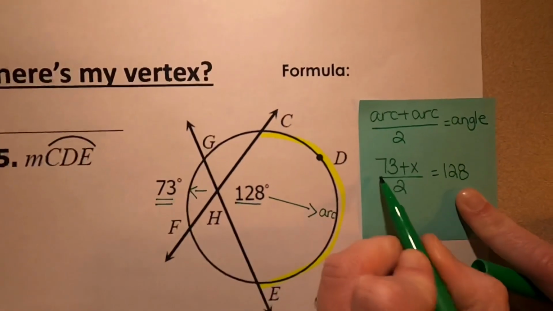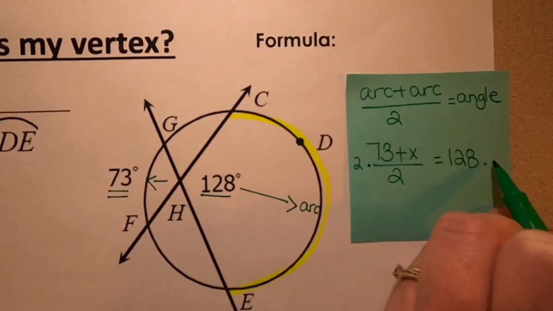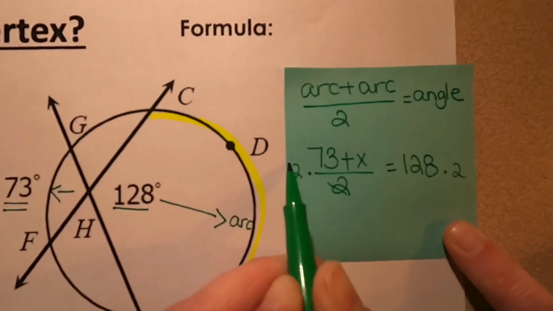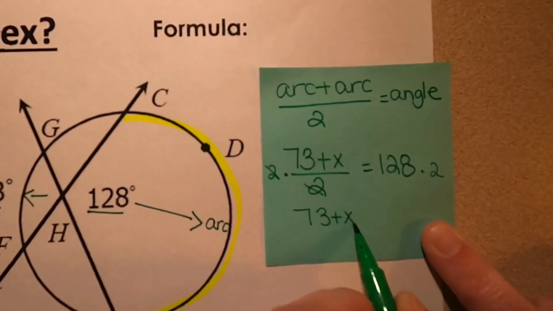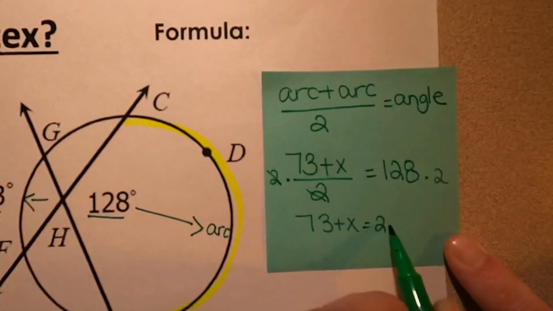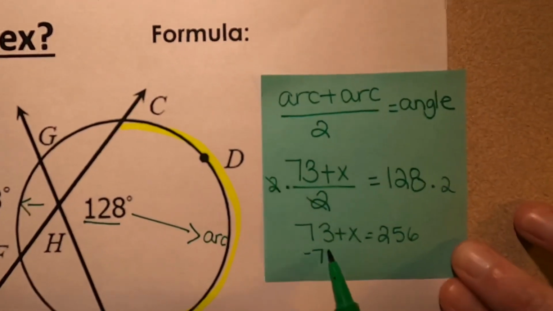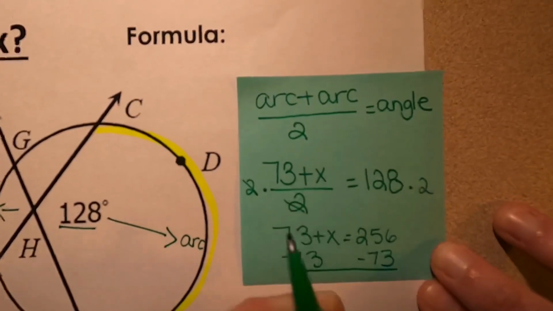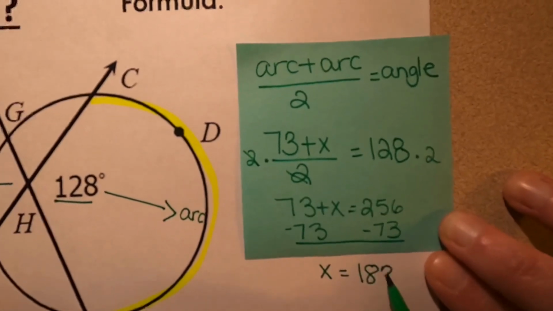The math that we'll do here is we'll multiply both sides by 2. This indeed crosses out the 2's. We're left with 73 plus x is equal to 256. We subtract 73, and we're left with x equals 183.